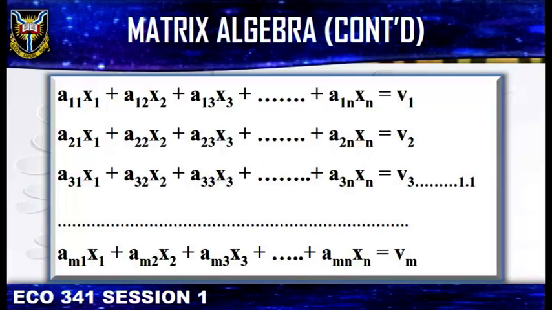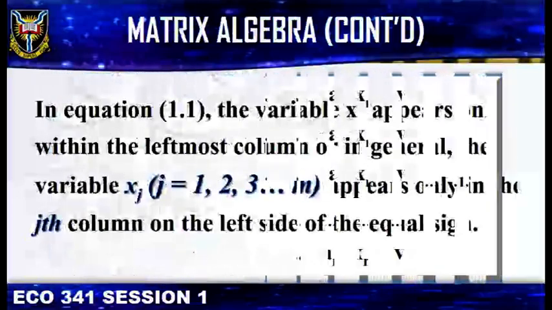Equation 1.1. am1x1 plus am2x2 plus am3x3 plus ... plus amn(xn) is equal to vm.